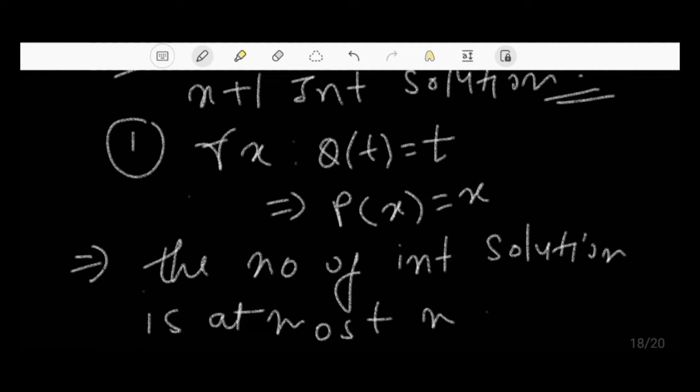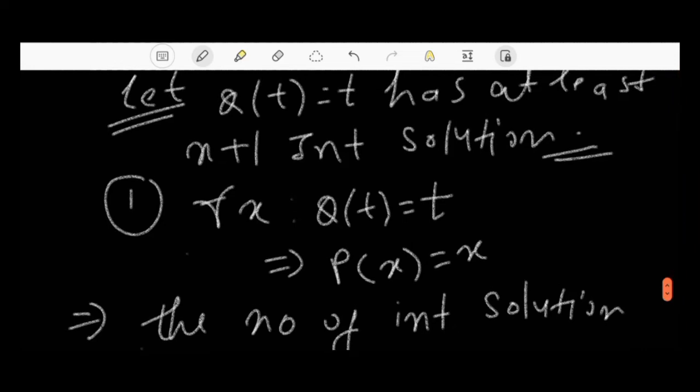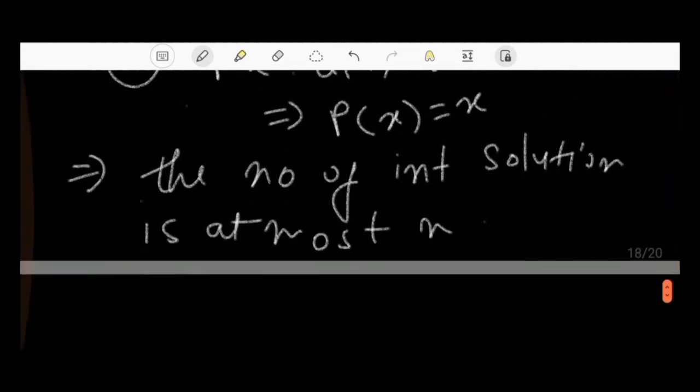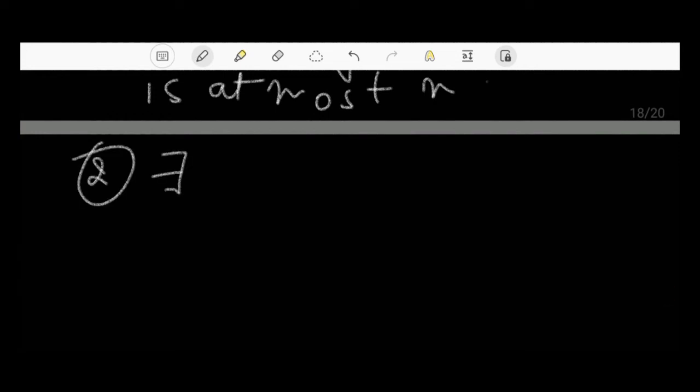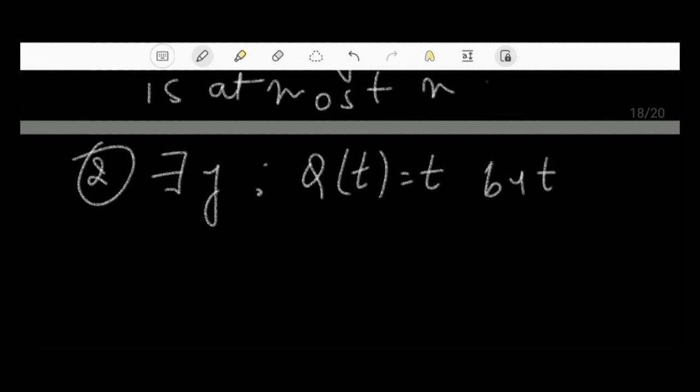But our assumption is there are at least n plus 1 solutions, so it simply implies the second condition, that there must exist some y which is a solution of Q(t) equals t but does not satisfy P(x) equals x.